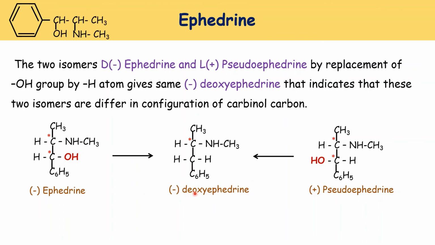Both compounds give the same deoxyephedrine. And it is observed that levoephedrine has the erythro configuration, while pseudoephedrine has the threo configuration.